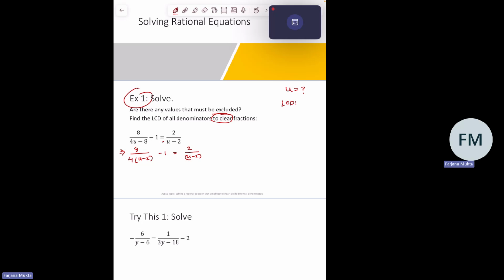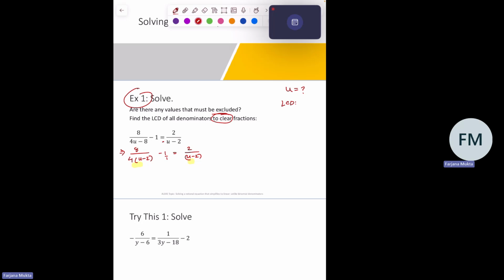Now looking at all of our denominators, the first one is 4 times u minus 2. The second one has nothing, so it's just 1, right? And then the other side is just u minus 2. So what is our LCD? That means if we try to make all the denominators look similar, what is the denominator that will make them match?